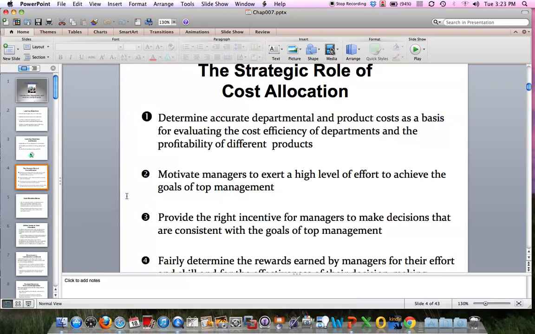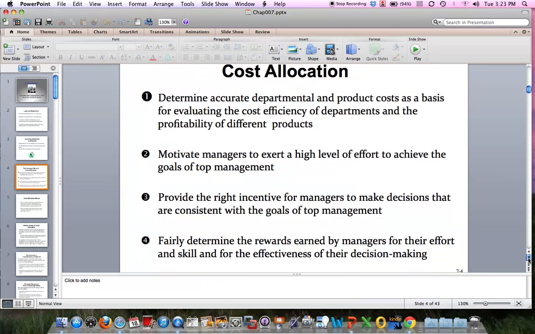So if we have goals and we can use cost allocations to help us achieve those goals in terms of what a product should cost, how much a service department should cost, and so on, we can use that to have reasonable and consistent goals. And then finally, to determine rewards and clearly determine who was best at cost management, who made the best decisions, and cost allocations will be a way for us to evaluate that.